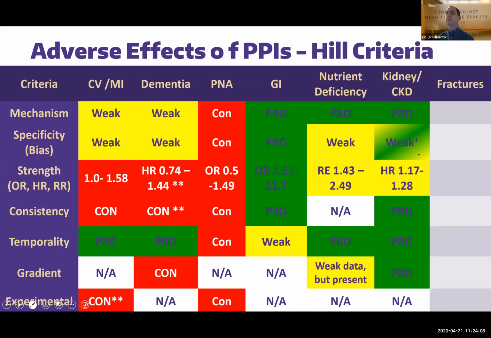So it is a little easier by lab values to avoid misclassification bias as opposed to something like dementia, which is a little harder to do based on ICD-9 or 10 codes. But again, we also have these weak associations, but the data is fairly consistent.